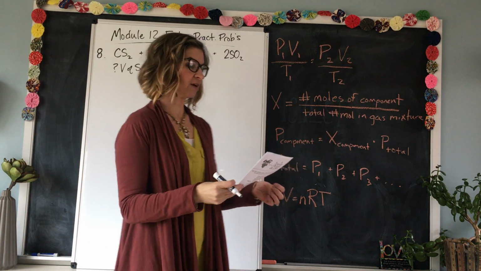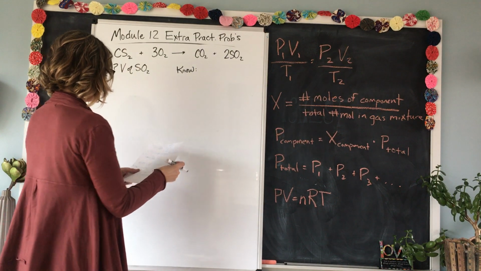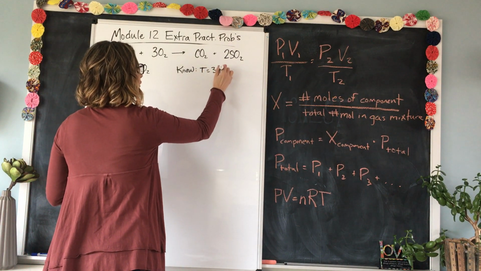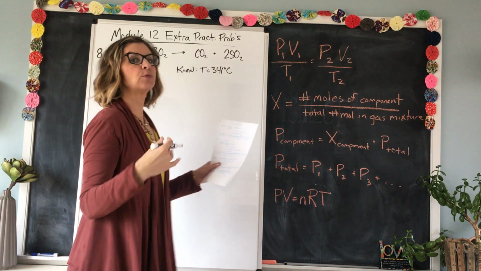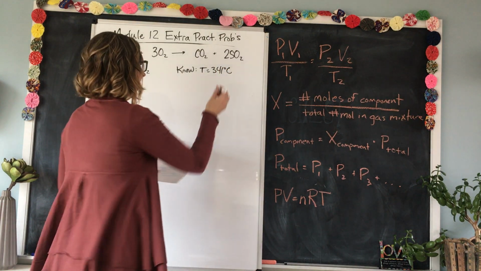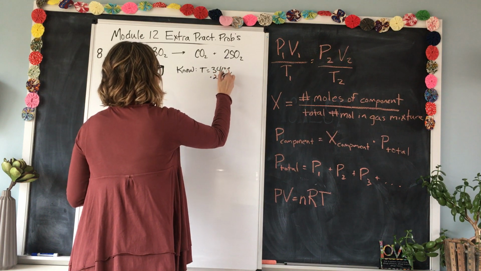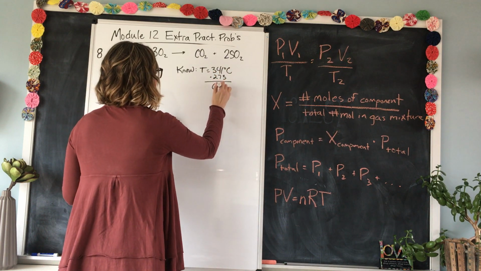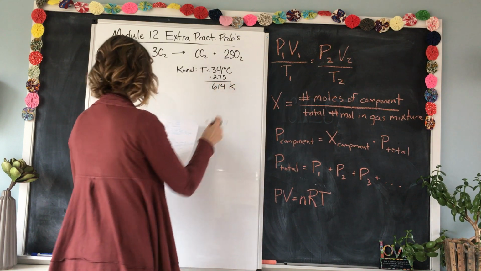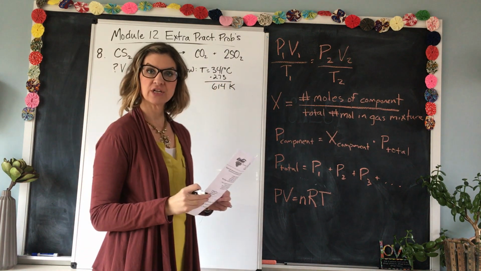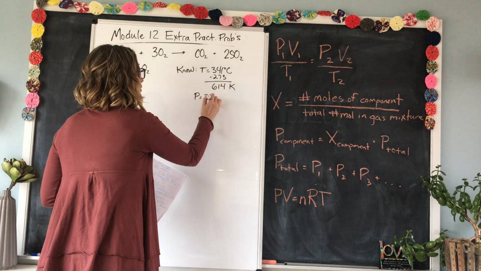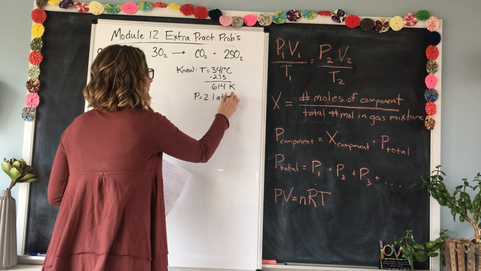And the things that we know: temperature equals 341 degrees Celsius. We want to convert that to Kelvin, so we add 273, so that would equal 614 Kelvin. And we know that pressure is 2.1 atmospheres, so capital P equals 2.1 atmospheres.